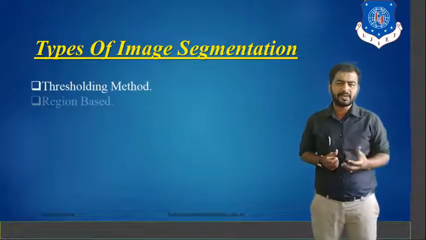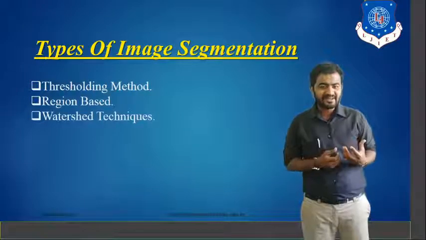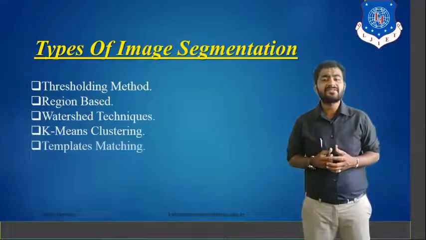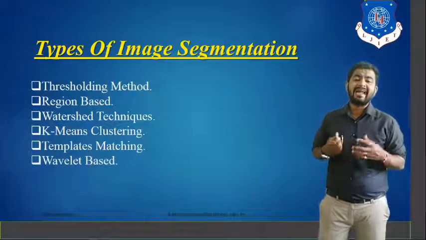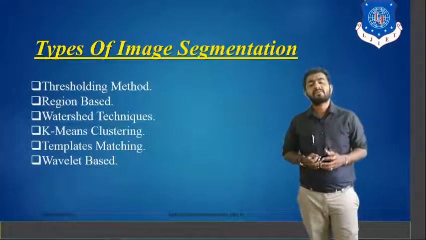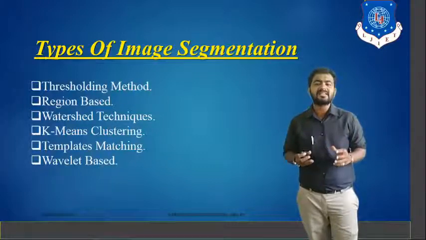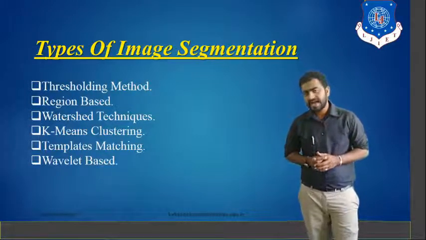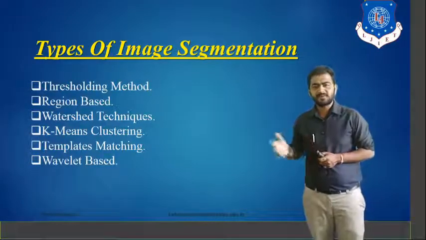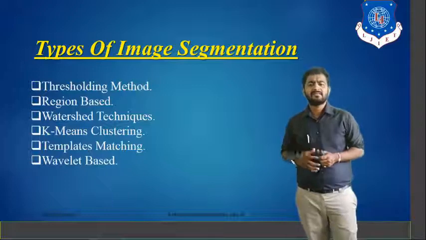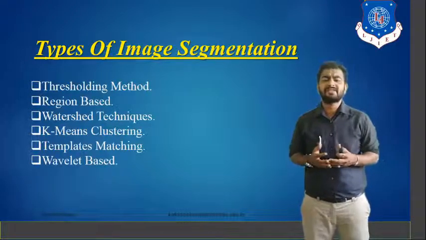As you can see, the thresholding method, region-based method, watershed method, k-means clustering, template matching, wavelet-based transformation method, and so on. So when we're talking about image segmentation, we are dealing with different segmentation methods and techniques.